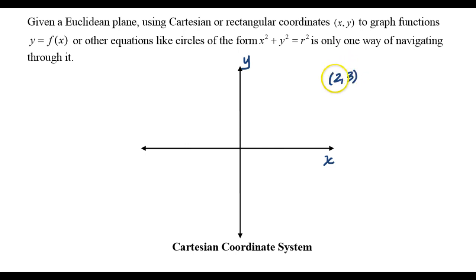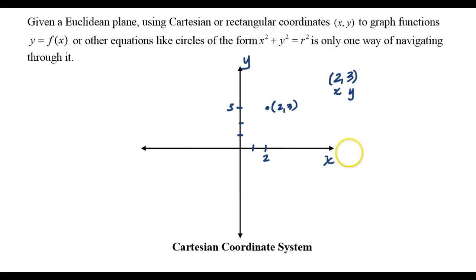We have learned over the years that the first coordinate corresponds to x, and when x is positive, we move that many units to the right on the horizontal axis, and when the y value is positive, that's how many units to move up on the vertical axis. So 1, 2, 3. We know that (2, 3) in rectangular coordinates corresponds to this point right here. But again, this is just one way of navigating through a two-dimensional space.